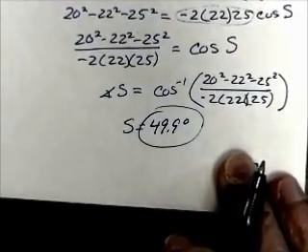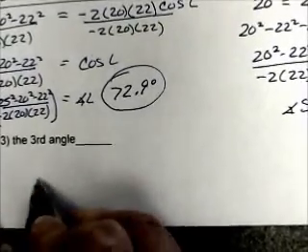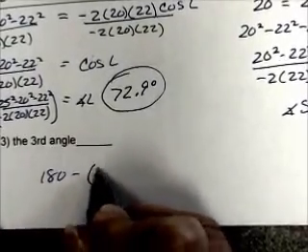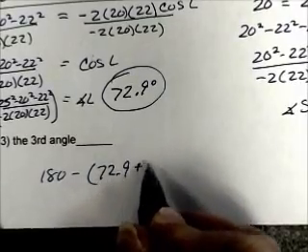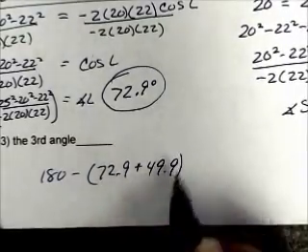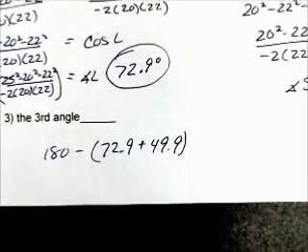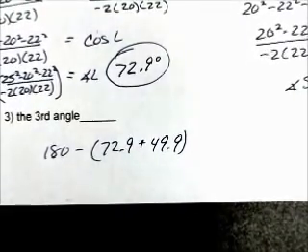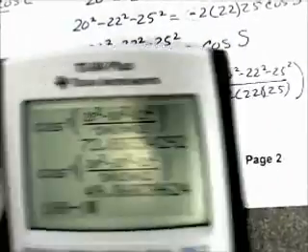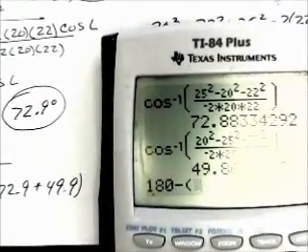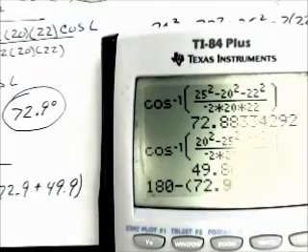And then lastly, for the third angle, let's take 180 minus the sum of the two that we found. So 180 minus, in parentheses, 72.9 plus 49.9. Close my parentheses.